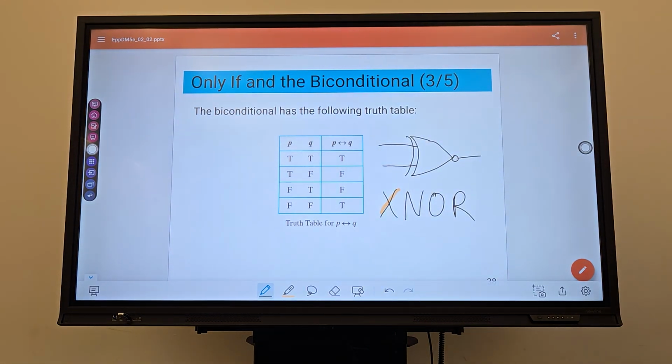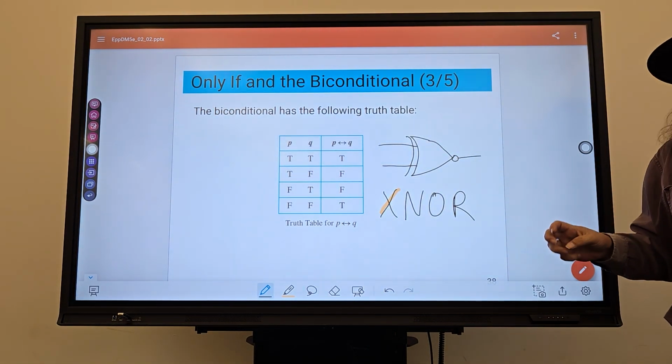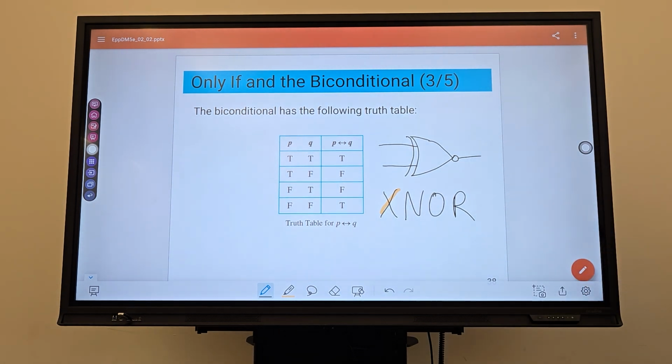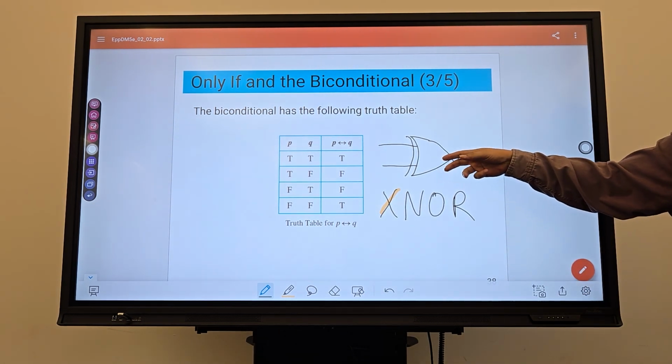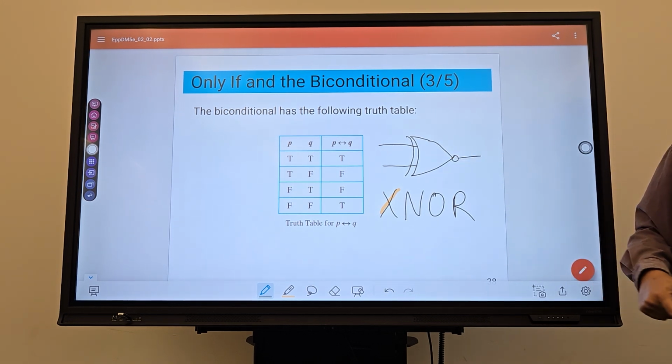So if in digital logic you want to compare two binary numbers, just compare each corresponding bit using an XNOR gate, and if all the XNOR gates yield true or high, then the two numbers are equivalent, regardless of what the numbers are.